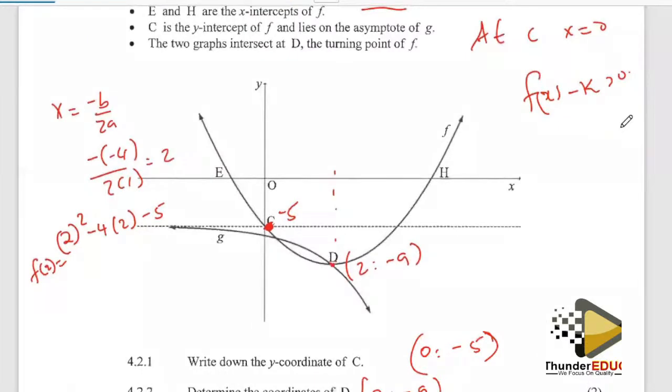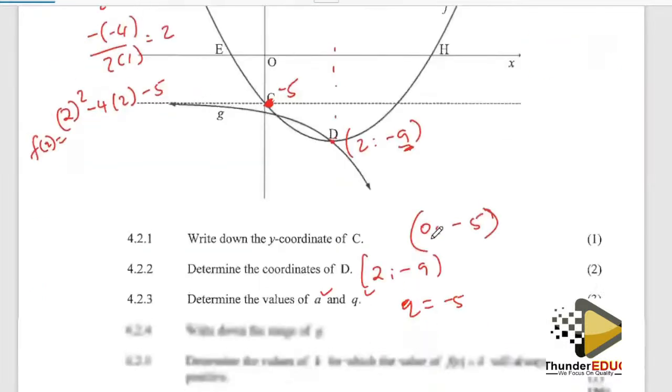So what that means, we need to look at the turning point, the coordinate, which is negative 9. How many units must we move this graph to be above the x-axis? It has to be 9 units up.